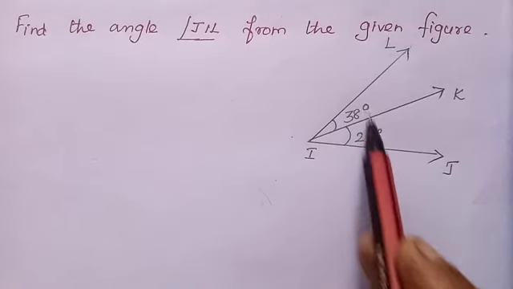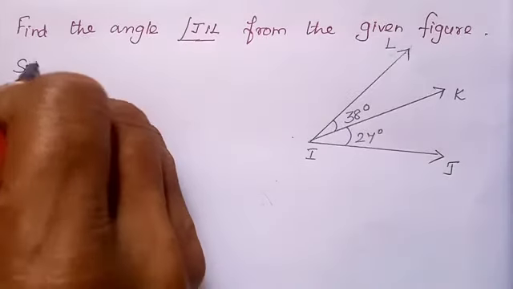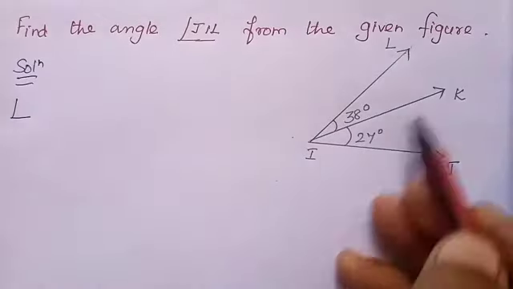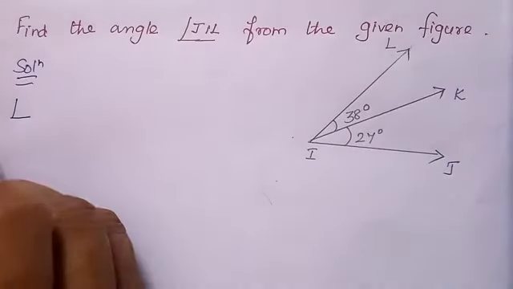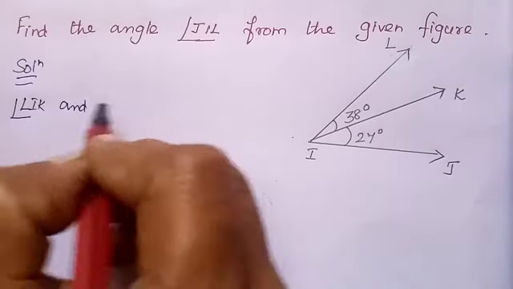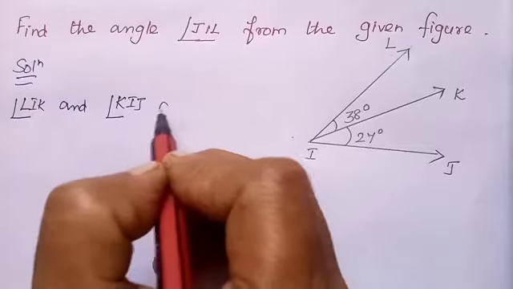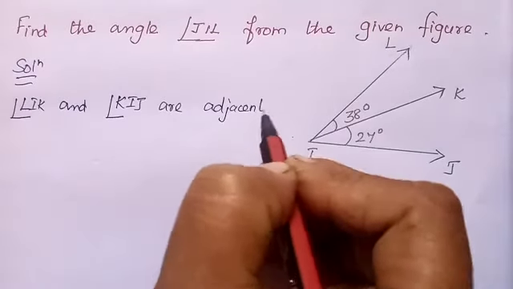These two are adjacent angles. So, solution of the sum. Here, angle LIK and angle KIJ are adjacent angles. Adjacent angles means nearby angles.